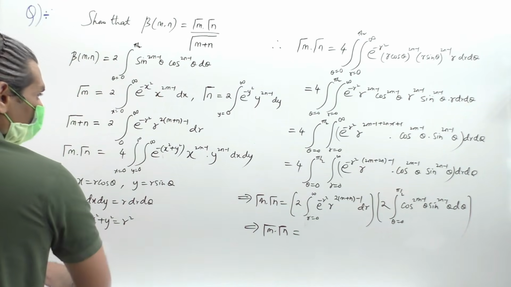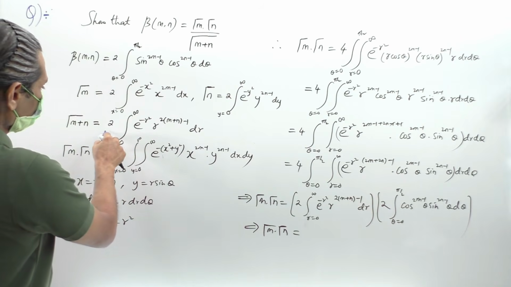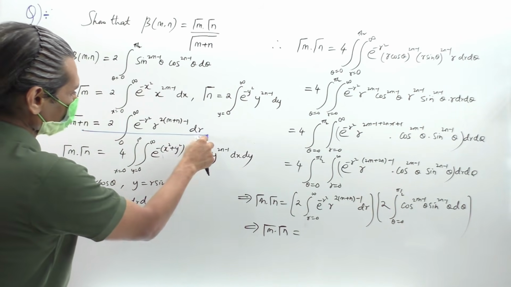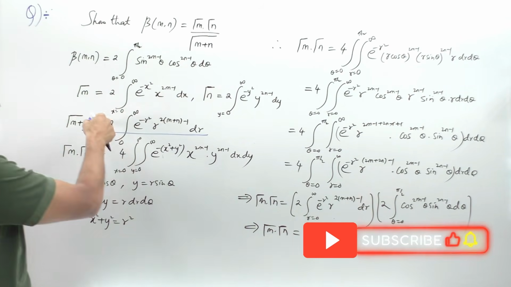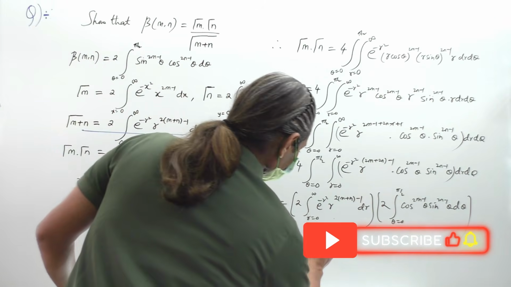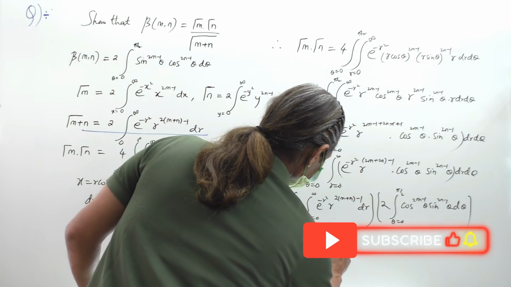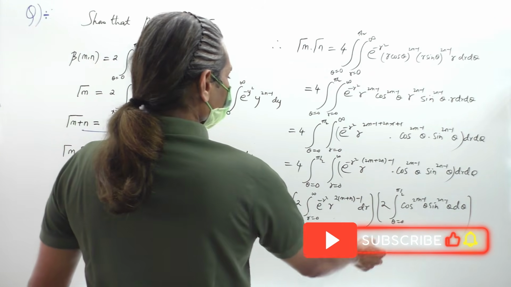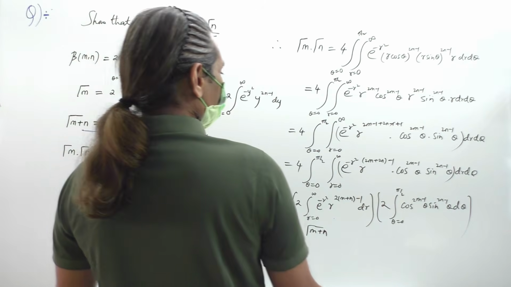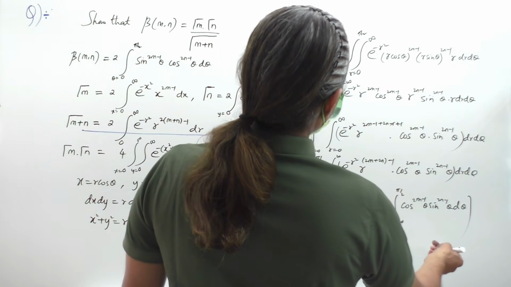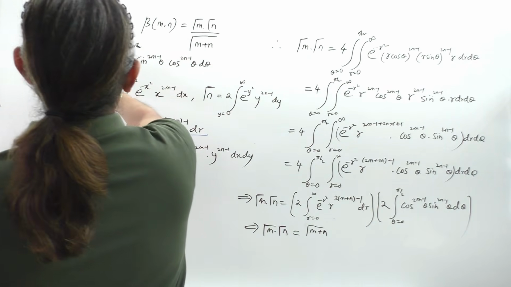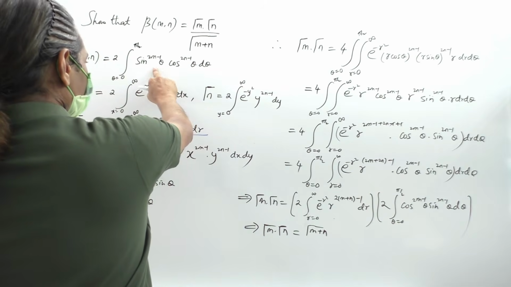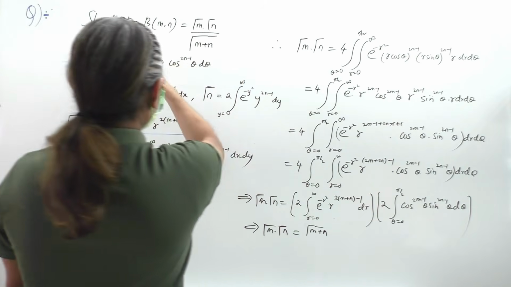It's nothing but gamma m plus 1, correct. So gamma m plus n. And what is 2 times the integral from 0 to pi by 2 of cos to the power 2m minus 1 into sin to the power 2n minus 1? It's nothing but beta m comma n, that is sin to the power 2m minus 1 into cos to the power 2n minus 1 theta. See, it's the same only, both are the same.